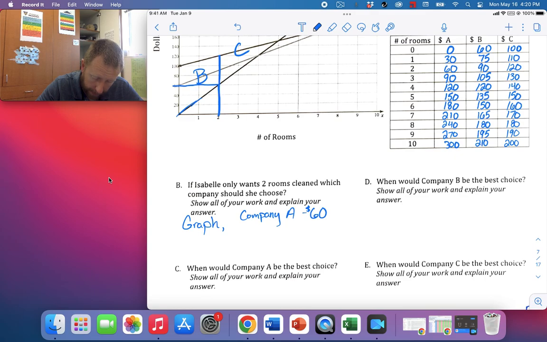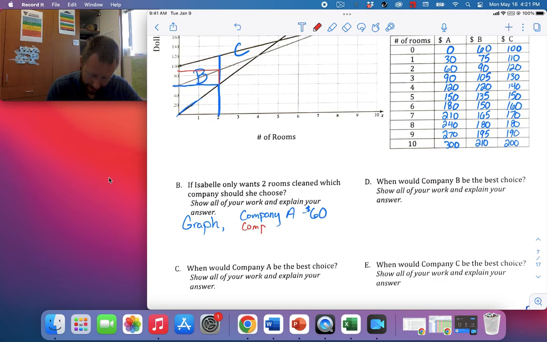Okay, if I keep traveling up from there, it hits this line halfway between 80 and 100, so that's 90. So that would be company B. I can see the line that I labeled right there.